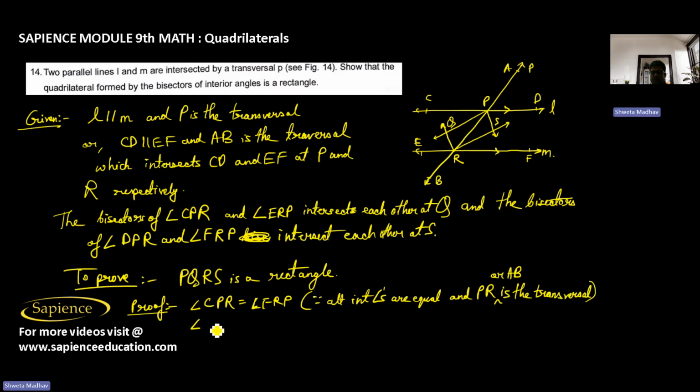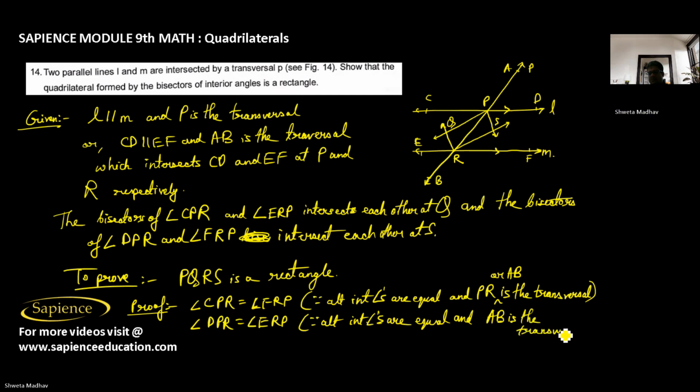Similarly, angle DPR is equal to angle ERP, same thing, since alternate interior angles are equal and AB is the transversal.